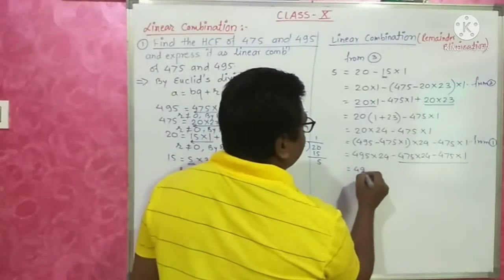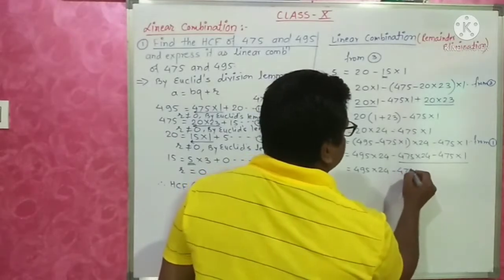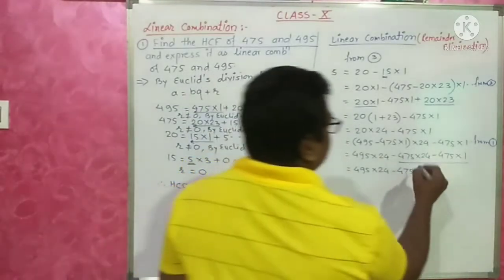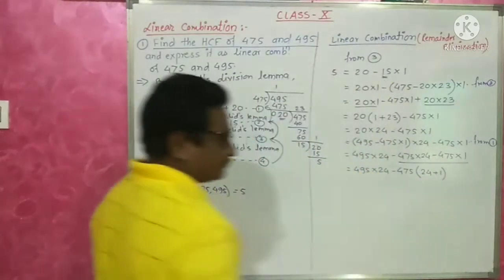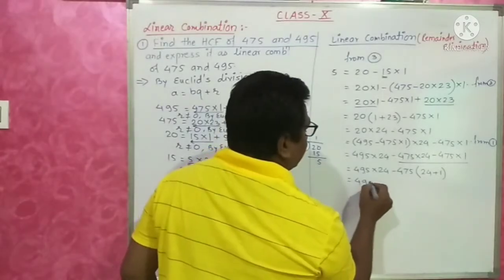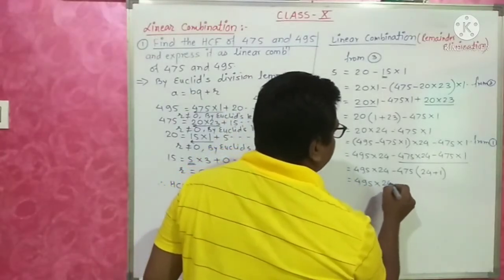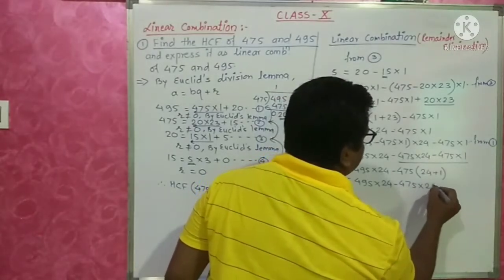So 495 into 24 minus 475 into 24 plus 1. So what is left now is 495 into 24 minus 475 into 25.